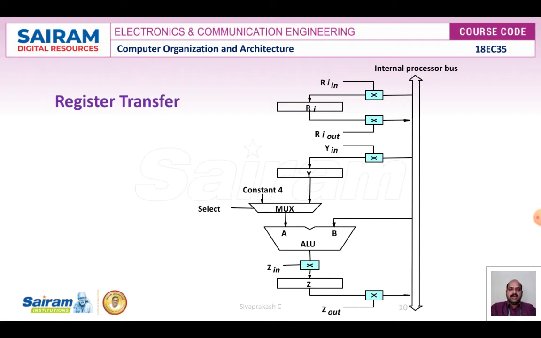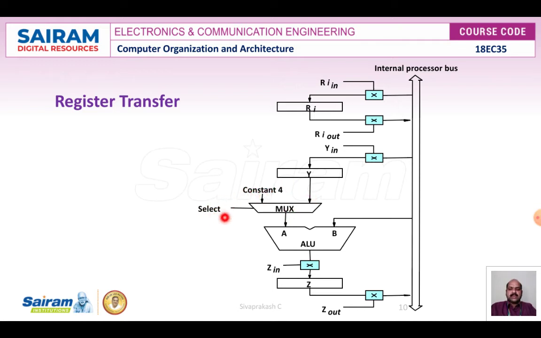So here the figure shows a register Ri which has one input Rin and one more output Ri out, and the remaining are going to remain the same as seen in the single bus architecture. The Y temporary register multiplexer has two inputs, Y and constant 4.